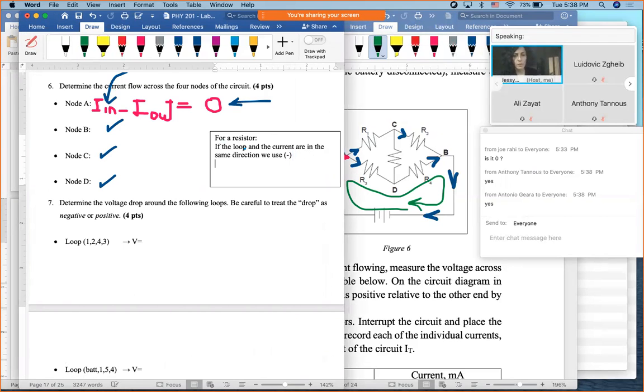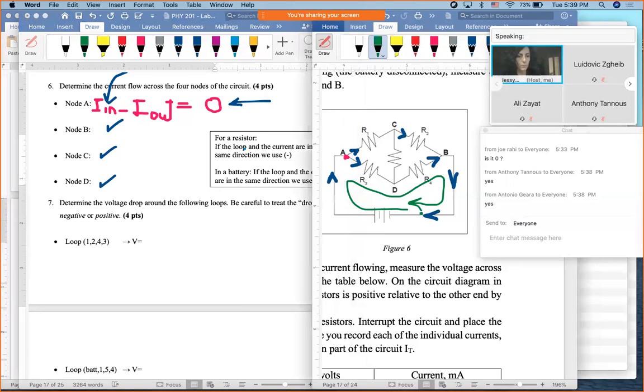So in a battery, if the loop and the current are in the same direction, we use plus, because the battery would give you an increase and not a drop. So I'm going to say U battery, and here drop, drop, plus U battery minus V3 minus V4 should give me a 0.